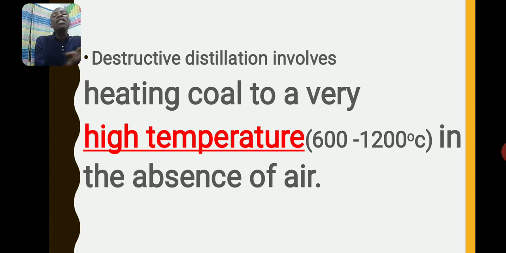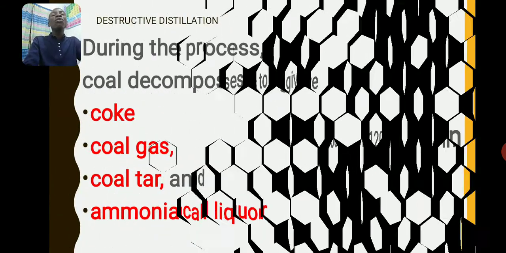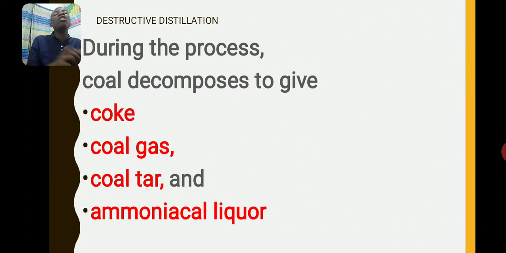When you heat coal in the absence of oxygen to a very high temperature, then what you are doing is destructive distillation. When you perform destructive distillation on coal, 4 products will be formed.